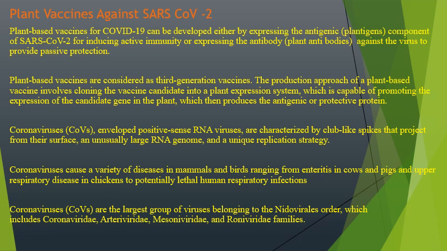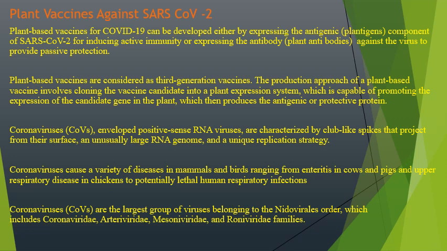The recent use of plant vaccines can be utilized to treat SARS-CoV-2. Plant-based vaccines for COVID-19 can be developed either by expressing antigens, which will be known as plantigens, components of SARS-CoV-2 for inducing active immunity, or by expressing antibodies, known as plant antibodies, against the virus to provide passive protection.